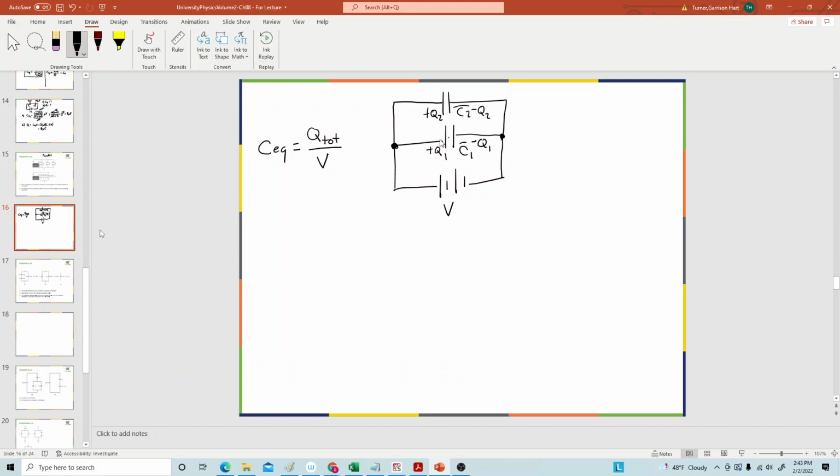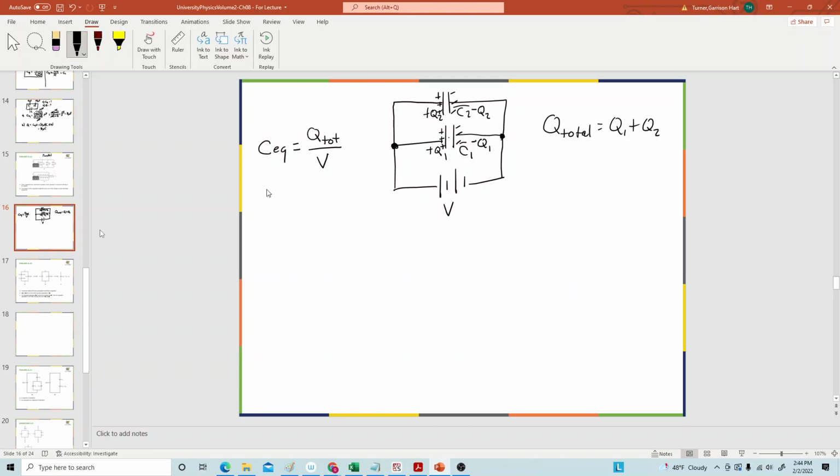The battery drew an amount of charge Q1 off of the positive plate and deposited it onto the negative plate. And it drew an amount of charge Q2 on the second plate. And so, what that means is, here in the parallel case, Q total is equal to Q1 plus Q2. Okay? Q total is equal to Q1 plus Q2.